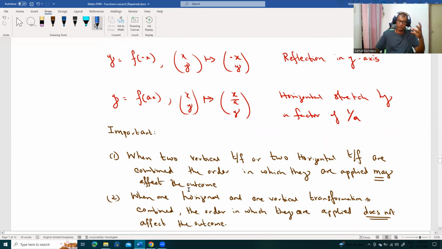It is important to take the order into consideration. On the other hand, when we have one horizontal and one vertical, or one vertical and one horizontal, the order in which they are applied does not affect the outcome.